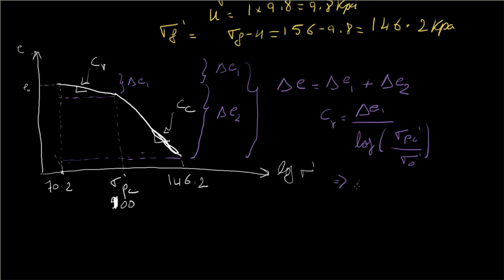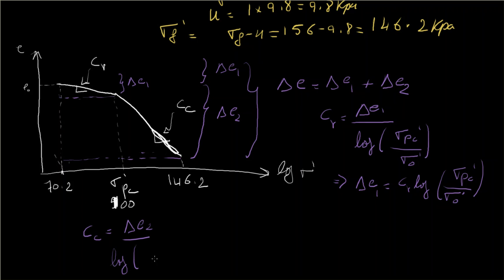Therefore, delta e1 equals CR log sigma dash pc over sigma initial. And delta e2: CC equals delta e2 over log sigma final dash over sigma pc dash. Therefore, delta e2 equals CC log sigma final over sigma pc.